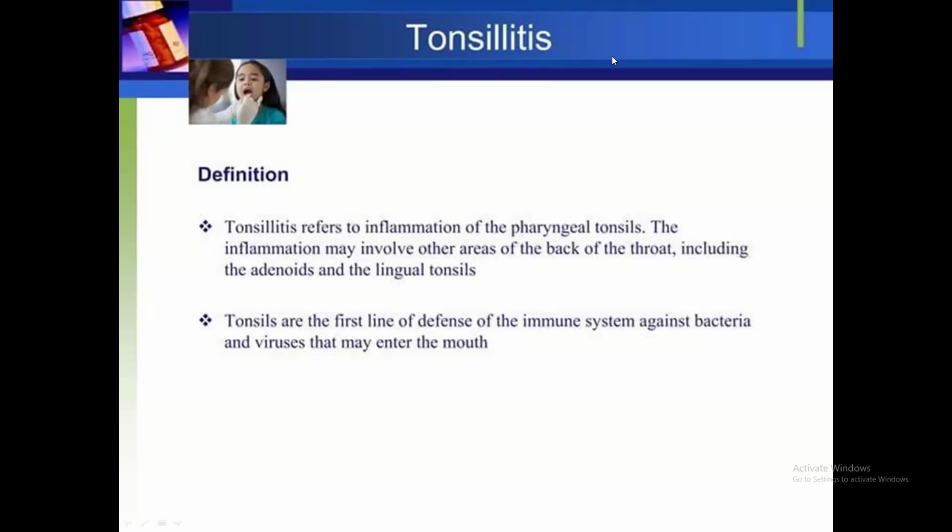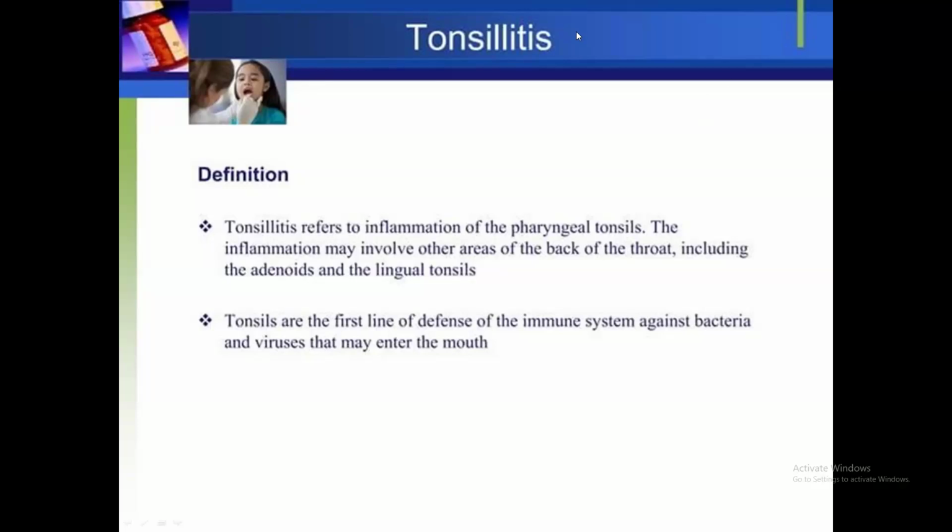Then sleep is very much disturbed in case of adenoids, so we can use rubrics like snoring, sleep disturbed. After repertorization, various remedies are put forward. They are Baryta carb, Calcarea carb, Tuberculinum, Thuja, Silicea, and Mercurius sol.